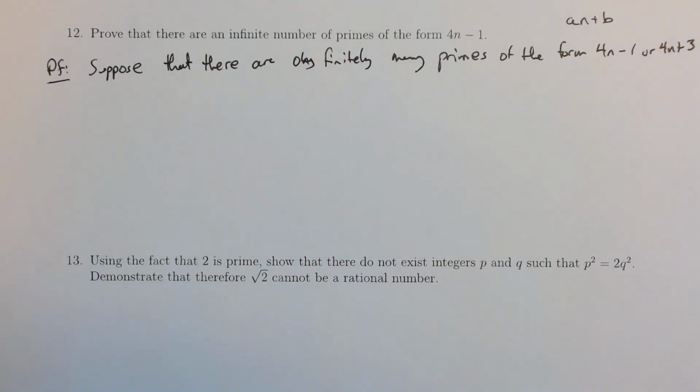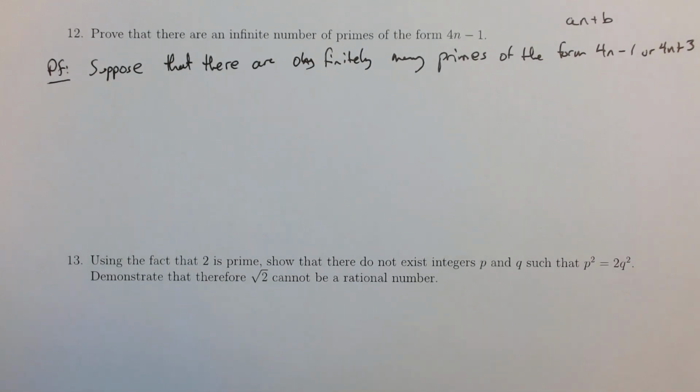So it basically means that when you divide that prime by 4, you get a remainder of 3. So we're trying to show there's an infinite number of primes where, when you divide by 4, you get a remainder of 3.